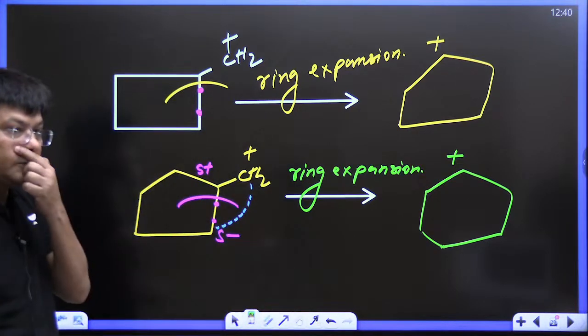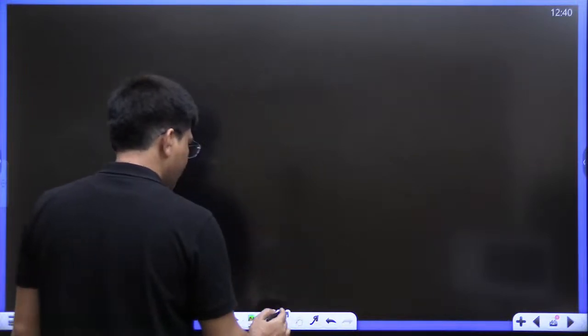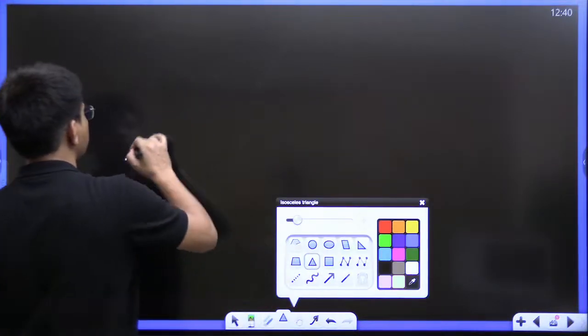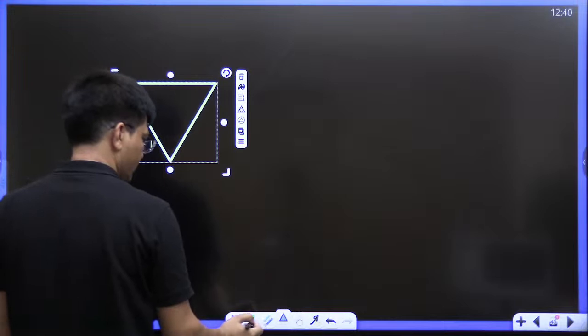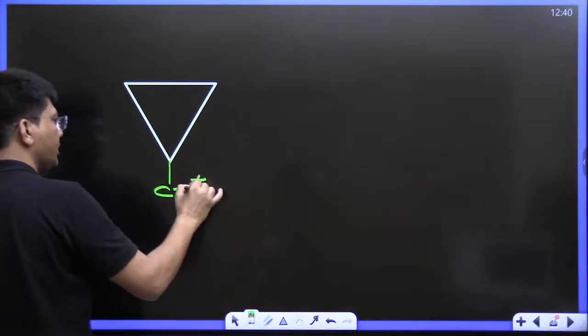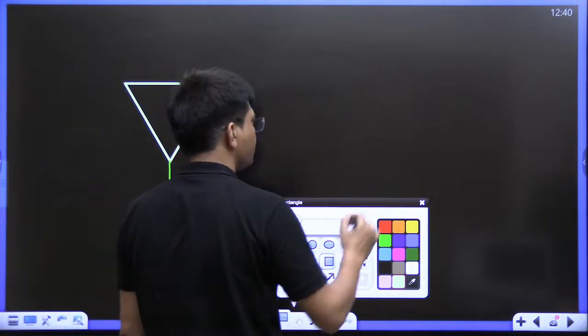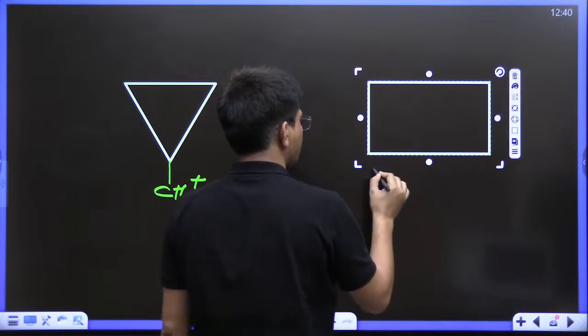But my dear friends, remember that if anyone is provided with a three-membered ring, never convert this three-membered ring into a four-membered ring. Why? What's the reason behind it, kids?